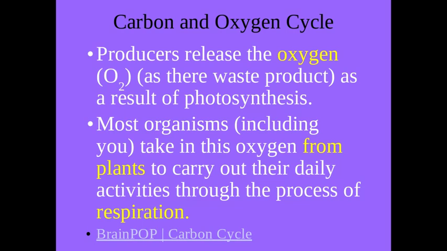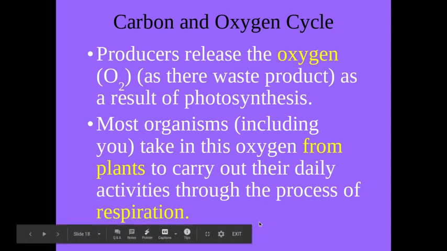And then most organisms like you and I need that oxygen from plants to survive, to carry out the step of respiration. Okay, so we kind of need each other. That's why I say, why is it such a big deal when you're cutting down trees? Well, they're kind of our source of getting that oxygen to us, right? So we have to think about our environment and how we take care of our planet.